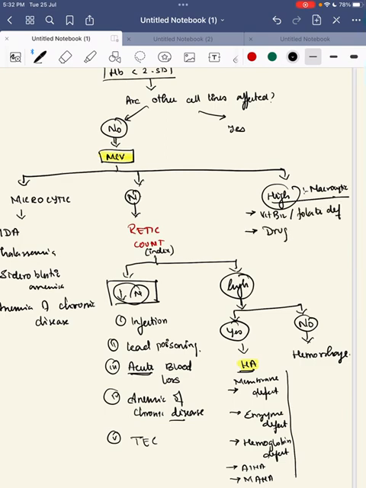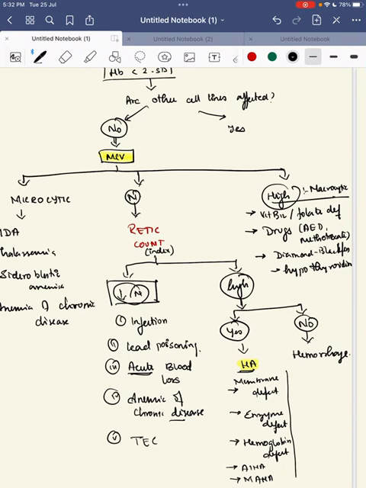Second, drugs such as anti-epileptic drugs, or when the child is taking methotrexate. Or when the child has congenital red cell aplasia, for example Diamond-Blackfan syndrome. When there is hypothyroidism, macrocytosis will be present. So these are the examples according to the MCV.